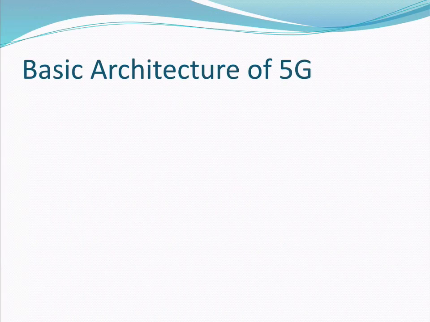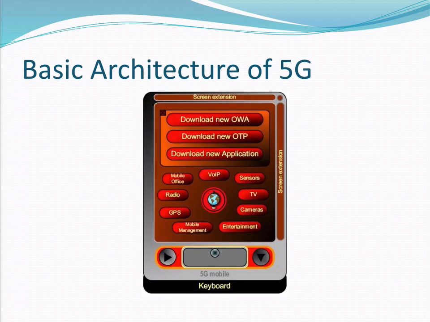Now in this slide we will see the basic architecture of fifth generation, and you can see that below is the keyboard, the technology, and here you have seen this is the download new OWA. This is OTP.